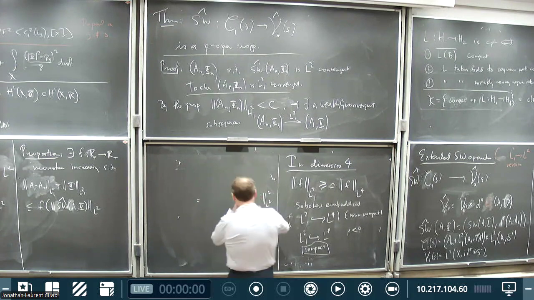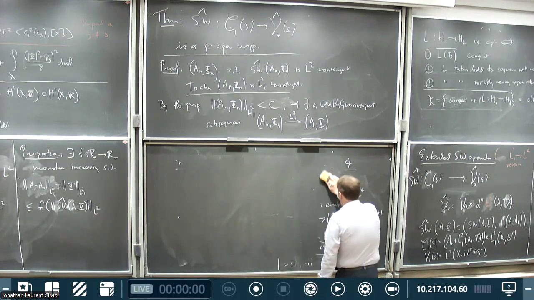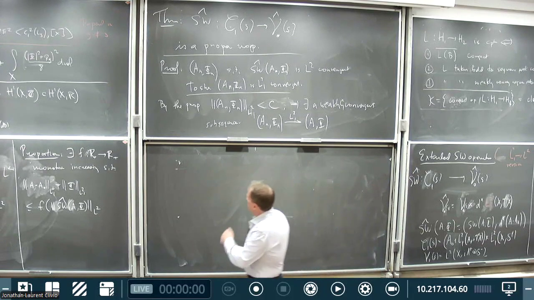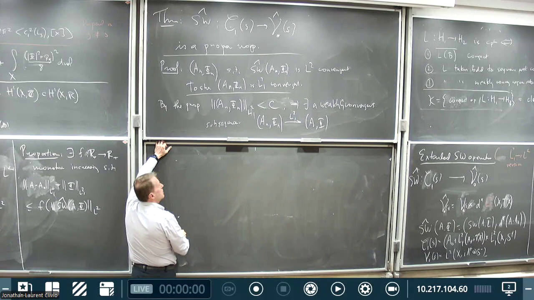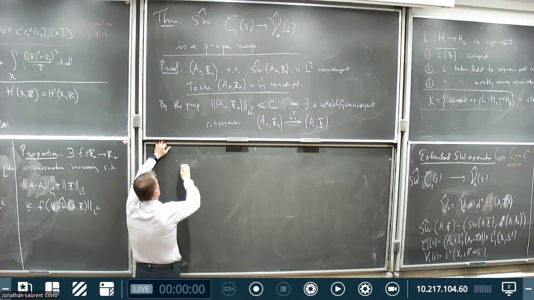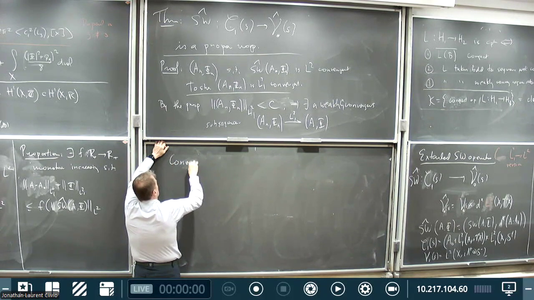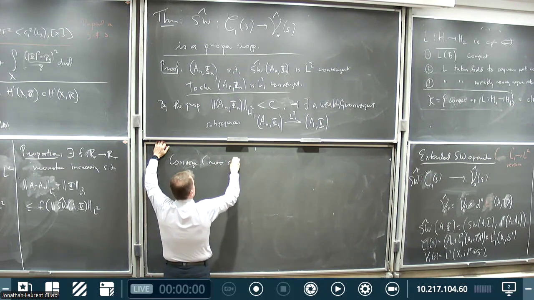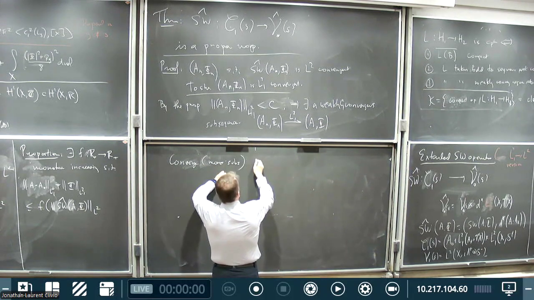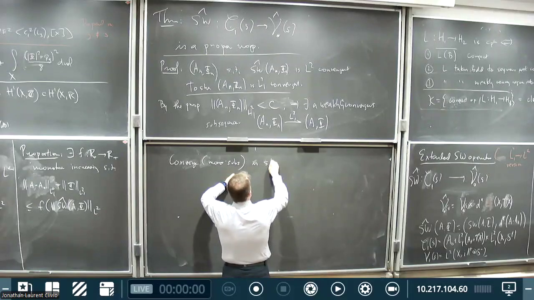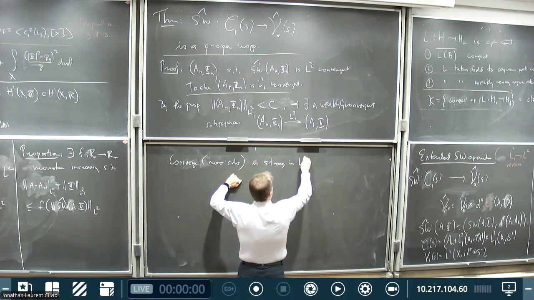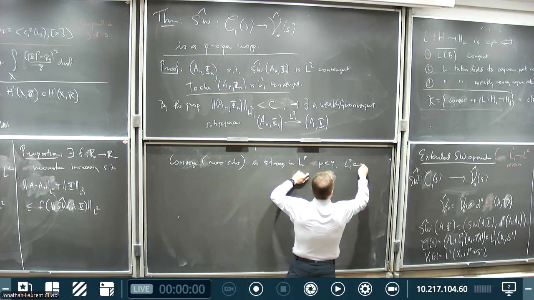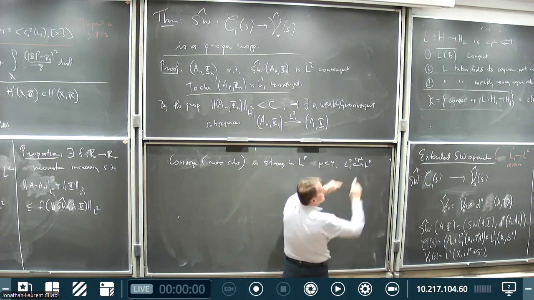But we know a little bit more. So we also know that the convergence, maybe after passing to a further subsequence, we can assume it's strong in some LP for P less than the critical exponent, because L21 into LP is compact.